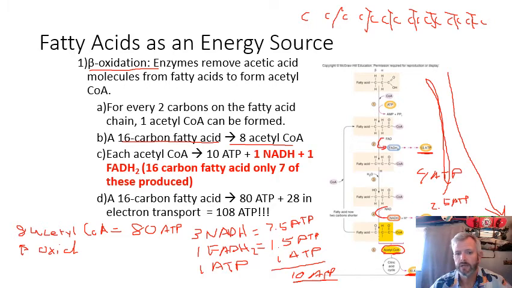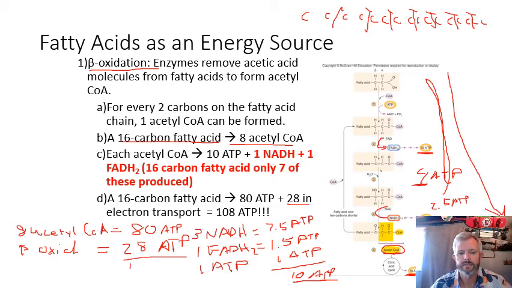So that is where we're getting this 28. We get 4 ATP, and we're cleaving 7 times. We're doing this reaction 7 times to make our 8 acetyl-CoA, and therefore 7 times 4, we get 28 ATP, right?